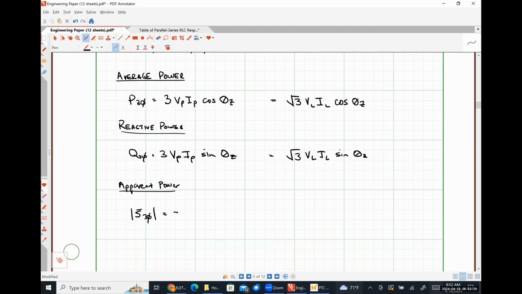So that's just going to be 3 VP IP, or root 3 VL IL.